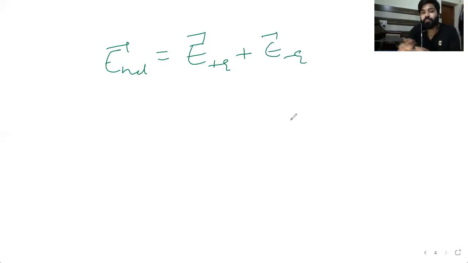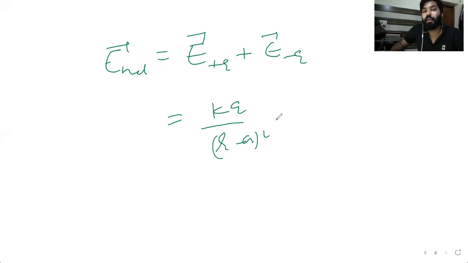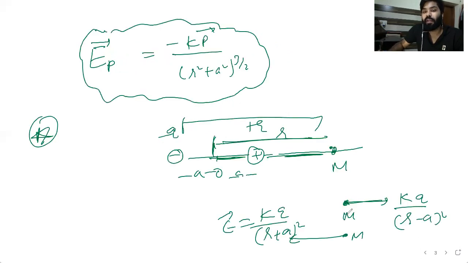The E of plus q is k times q over r minus a whole square, and here we will put a negative sign because both are making electric field in opposite directions. The positive charge field is away, which is rightward, and the negative charge field is towards, which is leftward.